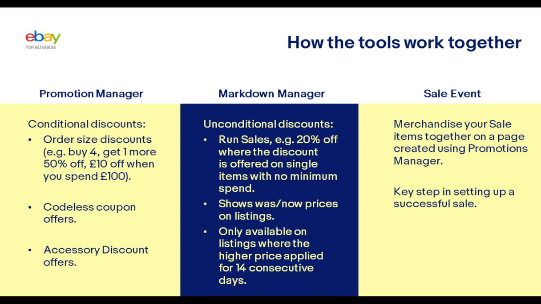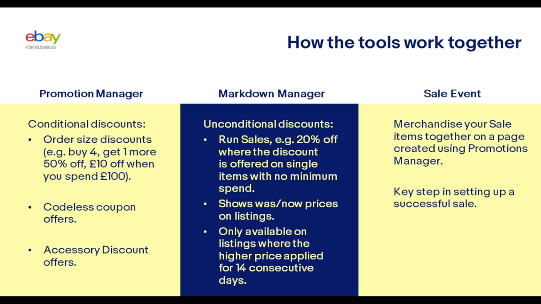Okay, so how do these tools work together? Well, Promotions Manager, that one's really designed for conditional discounts. So you're not discounting the listing price of an item. This is based on order size discounts where you can do buy 4, get 1 free, get 1 more at 50%. Some of the examples that you see up on the screen here.